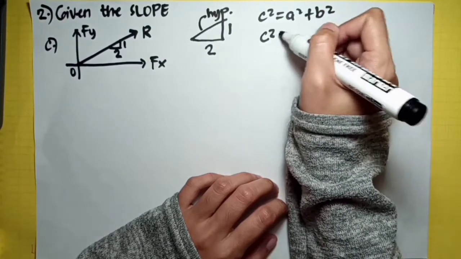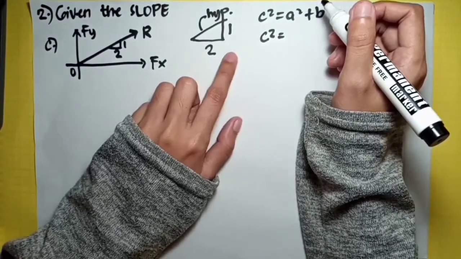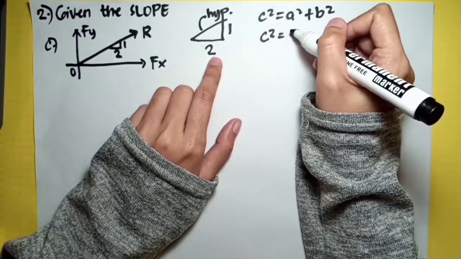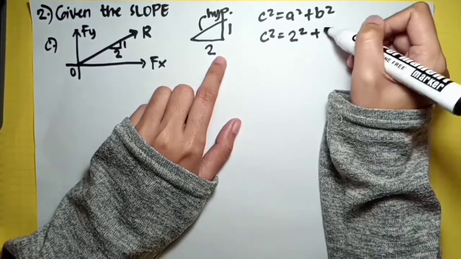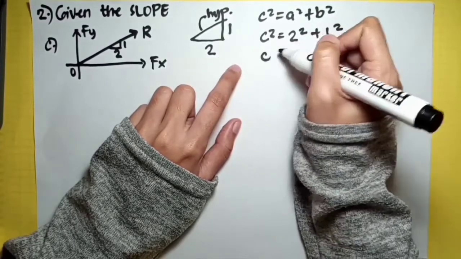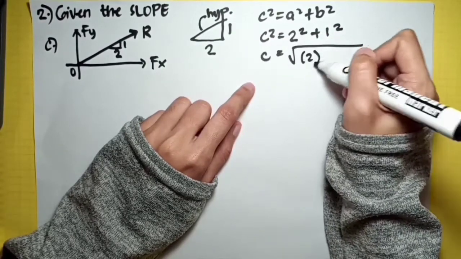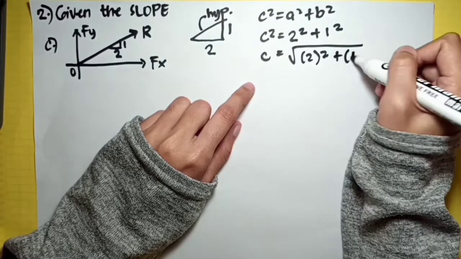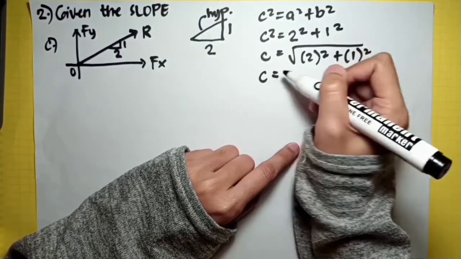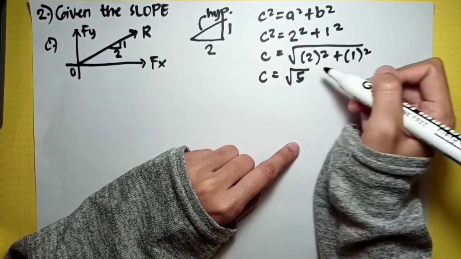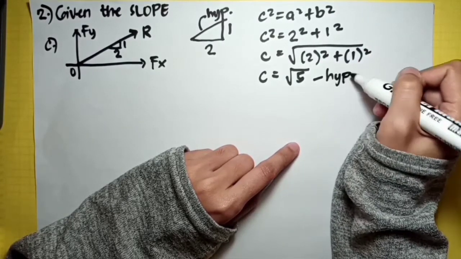So, c squared, ang a naman ay ang number 2 raised to 2, plus ang b natin ay 1 raised to 2. Isi-simplify lang natin: the square root of 2 raised to 2 plus 1 raised to 2. So, ang answer natin ngayon ay the square root of 5. Ito na ngayon ang hypotenuse na hinahanap natin.